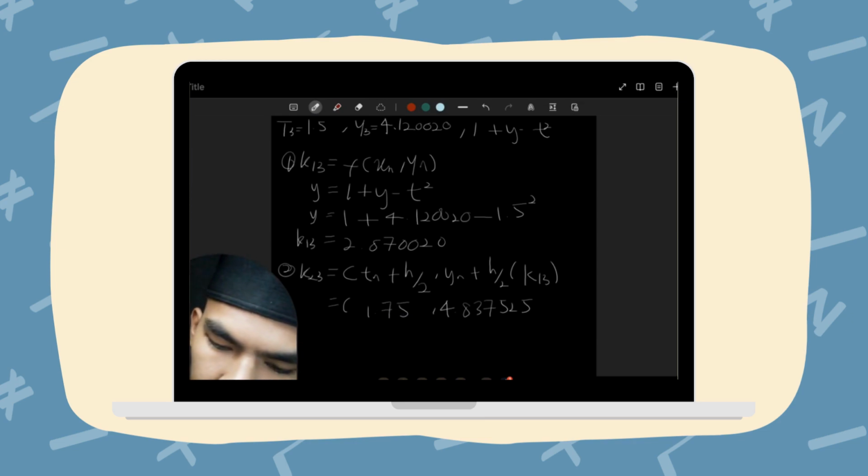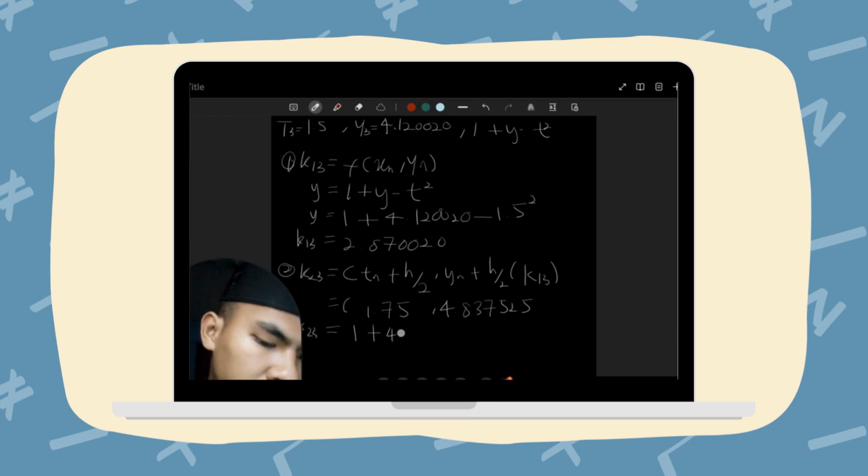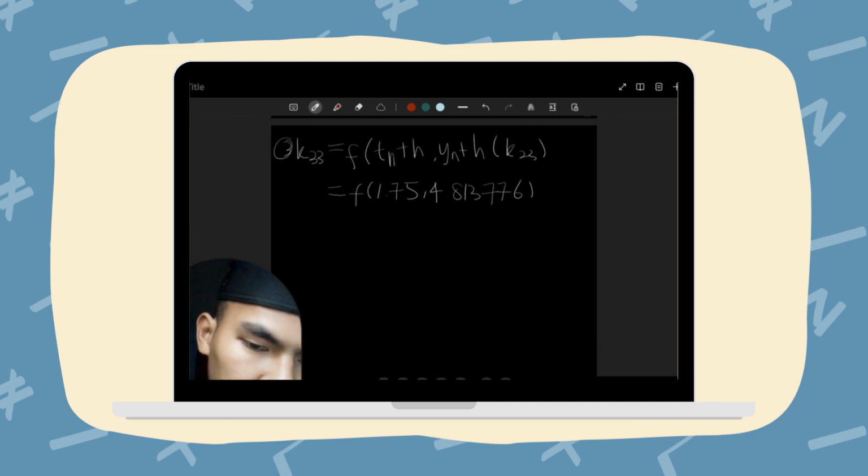Now we put it into y prime equal 1 plus y minus t squared. We put in 4.8375 plus... 1.75 squared. Okay, now we put it to the formula, the equation 1 plus y minus t squared.